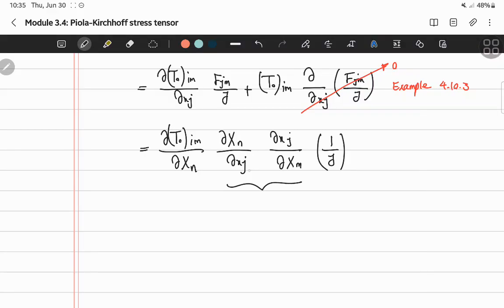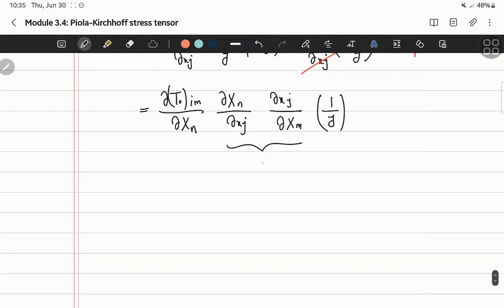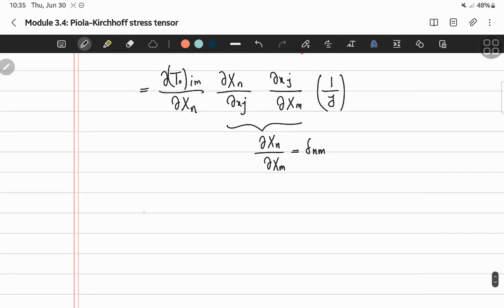So this can be written as the partial derivative of xn with respect to xm, which is simply delta nm. So this is equal to the partial derivative of T0 im with respect to capital Xn, then we have delta nm, 1 divided by j.